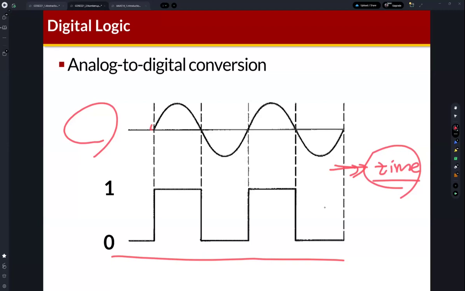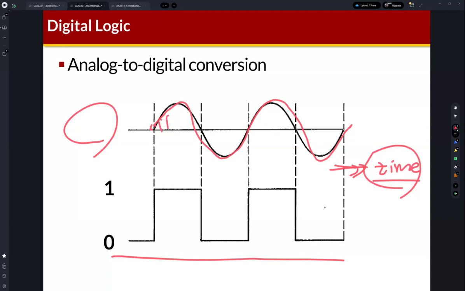Which means that in order to interface with the analog world, these analog signals need to be converted into digital signals, so that digital systems can understand them.